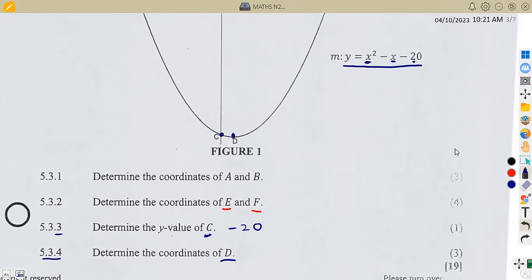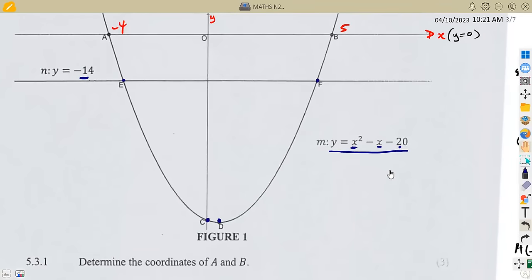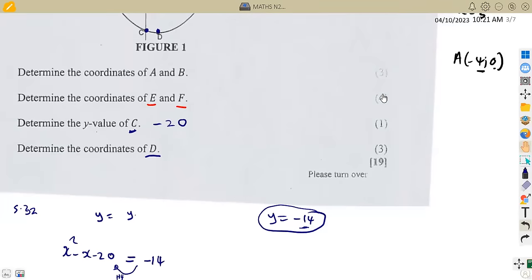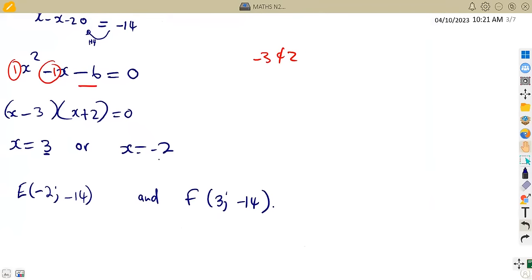So this D is representing a turning point, where we know that at a turning point x is equal to minus b over 2a. Remember that our equation was x squared minus x minus 20. So at any turning point of a quadratic, x is equal to minus b over 2a.